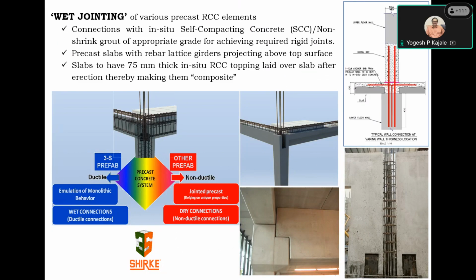There is one very good handbook, the Mark Pintel handbook, which also emphasizes 20% wet joints to be used with cast in situ construction to facilitate a better way of achieving ductility. It's not that if one uses 20% wet joint, the ductility by default will be achieved, but that is a better way of achieving the ductility. The reinforcement detailing plays a vital role in achieving ductile joints. So that's the difference between wet joint and dry joint.